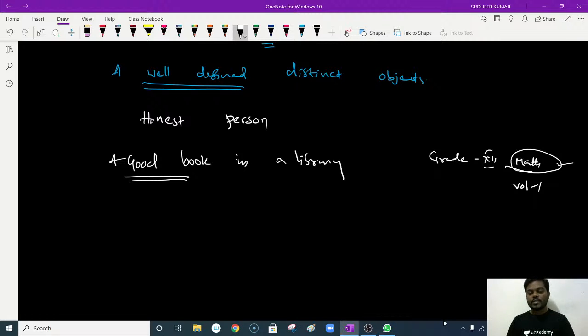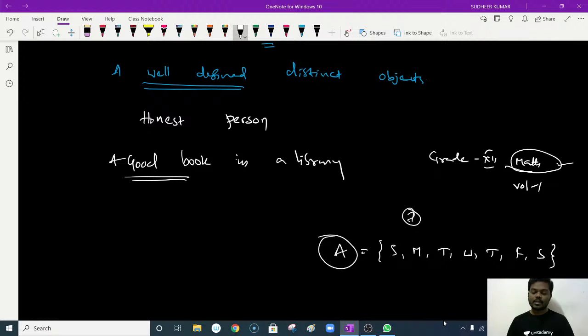The days in a week: Sunday, Monday, Tuesday, Wednesday, Thursday, Friday, Saturday. These are all well defined, so we say it is a set. Sets are represented by capital letters.